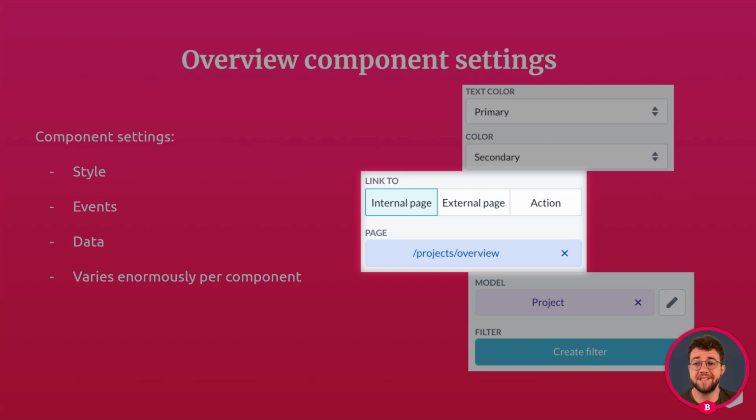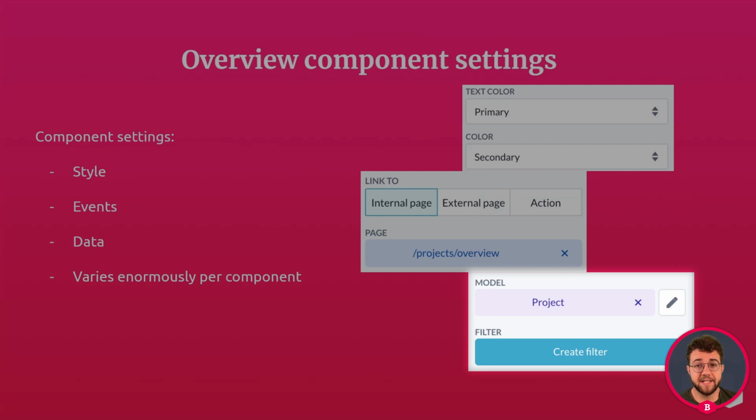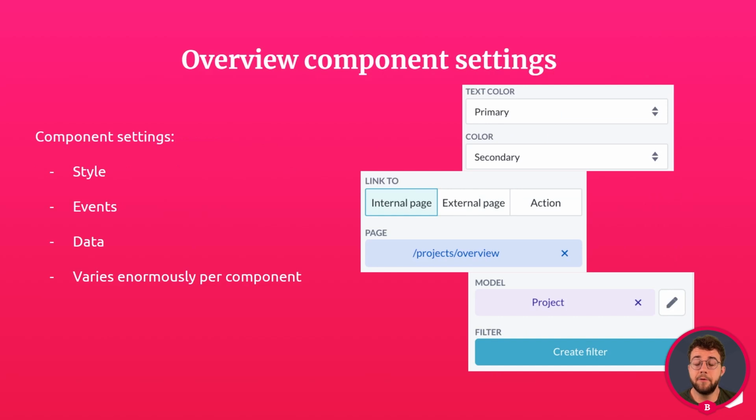So these are the event settings. There are data settings, which allow you to control what kind of data it needs to show, if it needs to be filtered data, or if it needs to be data in some sort of order. And of course, this varies enormously per component. So when you're building, try out a lot of different components and see what kind of options they have to offer.